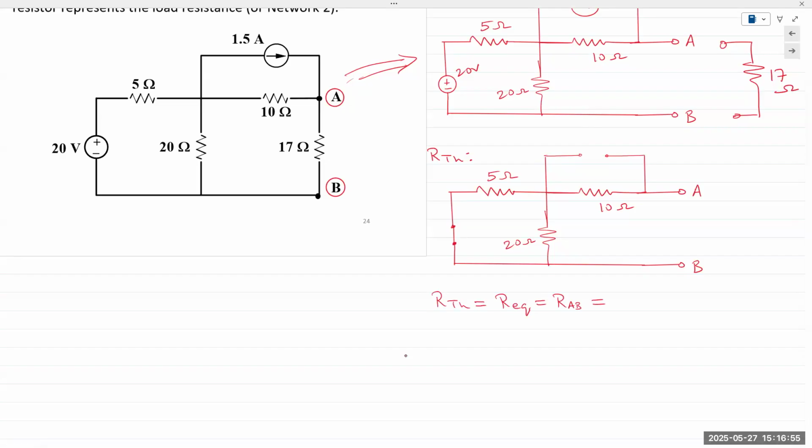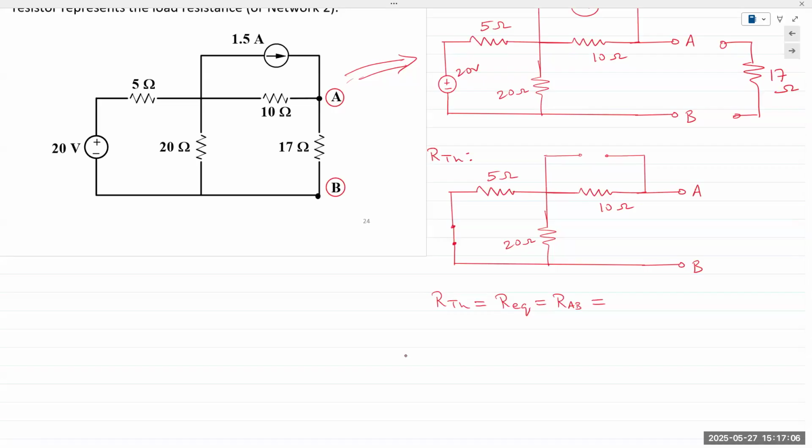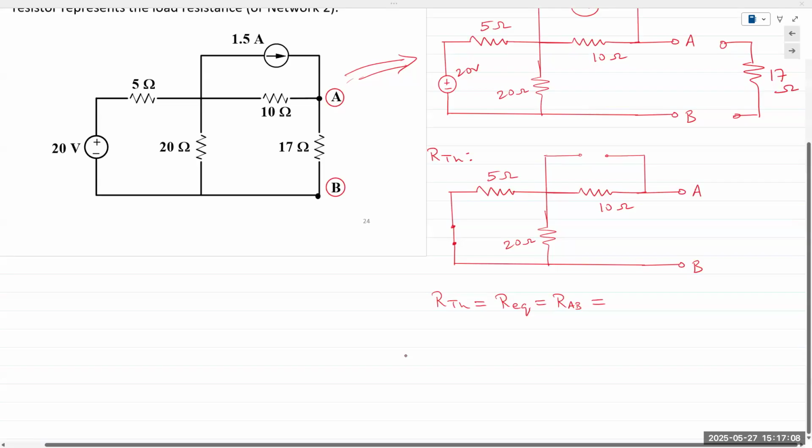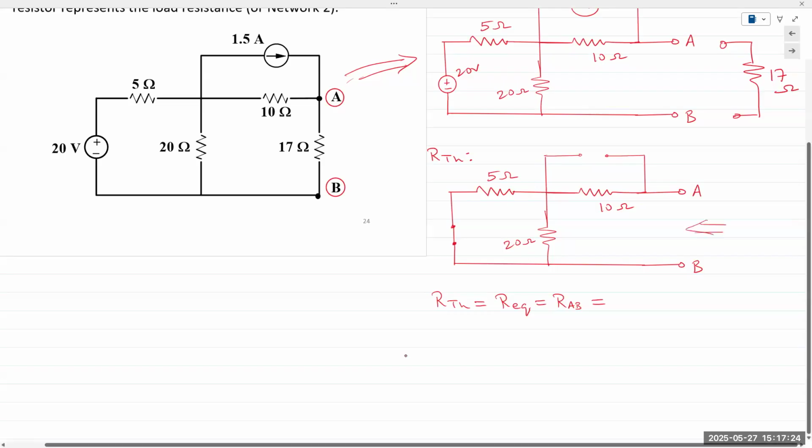Let's see. 5 and 20. So 100 divided by 25, so you got 4 plus 10. The circuit would be that we start looking here.